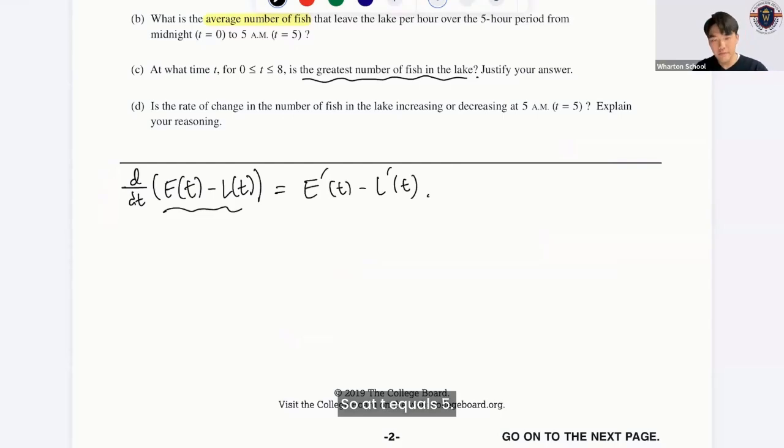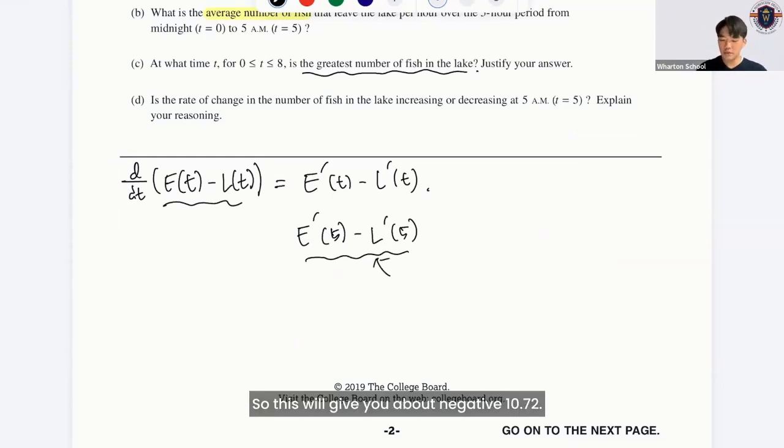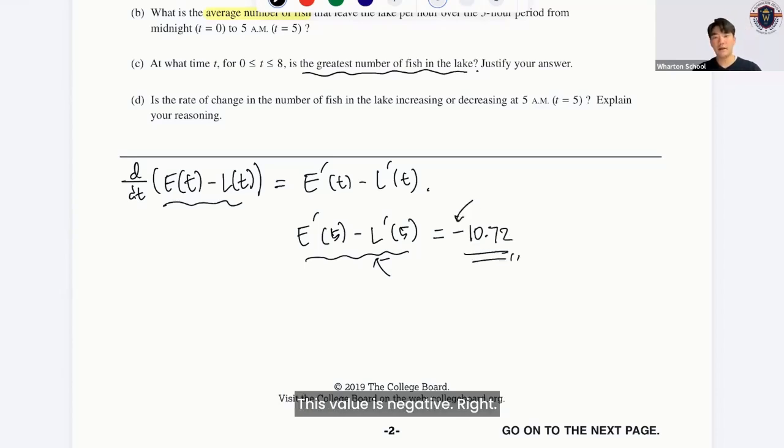At t equals 5, what does this give? You take the derivative and put 5 into this equation, which gives you about negative 10.72. What does this imply? This value is negative, so we can conclude that the rate of change in the number of fish is decreasing at t equals 5.